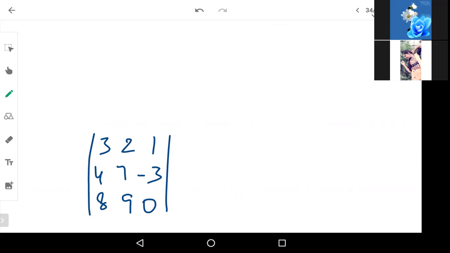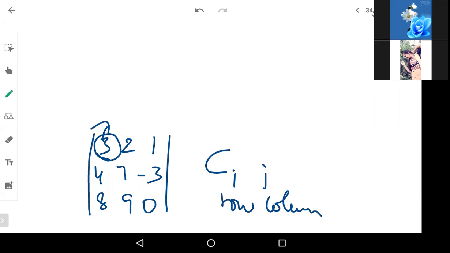Now what is the placement of each element? That is called Cij, the cofactor. C is cofactor, I is the row number, J is the column number. So for 3, C is the cofactor, I is row.